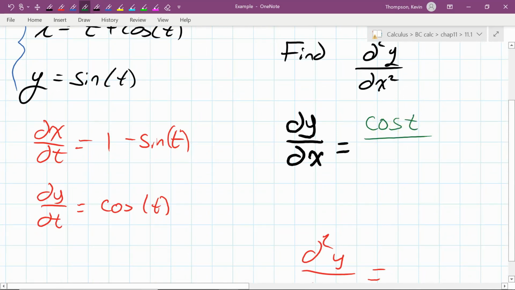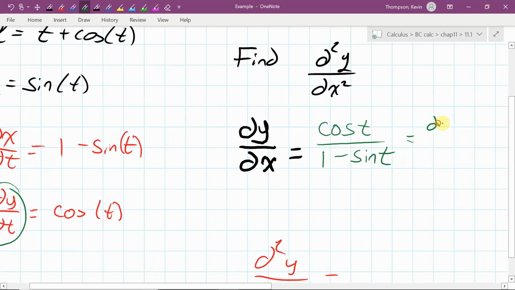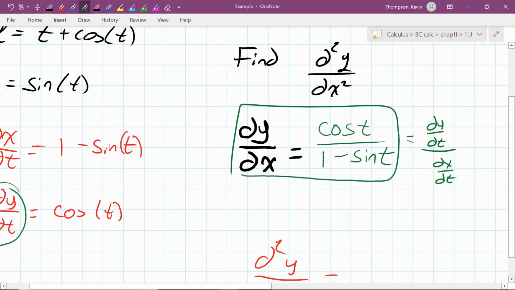I heard bottom function over the top function. Is this what you meant? Okay, so dy/dt over dx/dt, and that's what I had on the other screen, wasn't it? Couldn't we think about multiplying by dt/dx, and the dt's cancel, so this is dy/dx. Okay, so there is the first derivative.